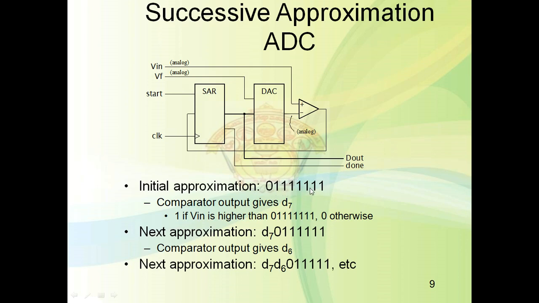So this is for a 4-bit comparator, and this is for an 8-bit DAC. This comparator will give half of the reference voltage. That is, suppose the reference voltage is equal to 5 volt, then it will give 2.5 volt.